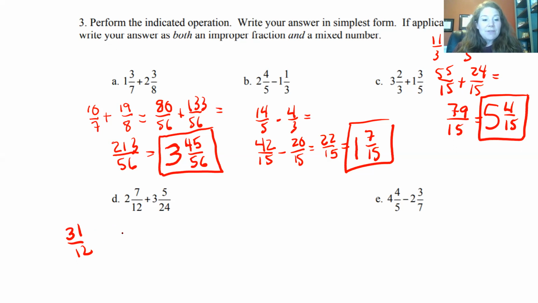So we have 31 over 12, and then we're going to add. So 24 times 3 is 72. 72 plus 5 is 77. So we have 77 over 24. We have 12 times 2 is 24. So 31 times 2 is 62.